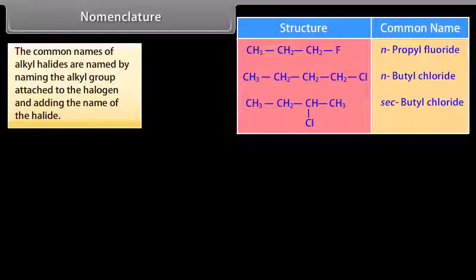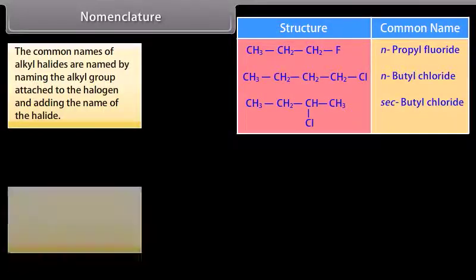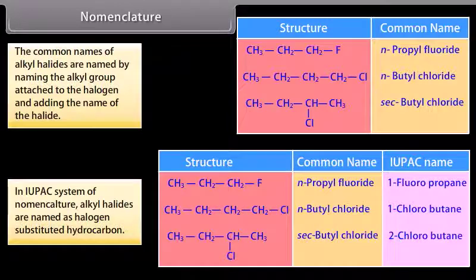Nomenclature. The common names of alkyl halides are named by naming the alkyl group attached to the halogen and adding the name of the halide. In the IUPAC system of nomenclature, alkyl halides are named as halogen-substituted hydrocarbons.